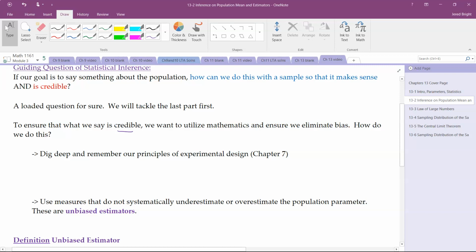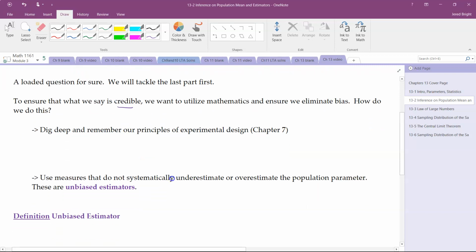When I use systematically, that means we might have to do a lot of analysis to make sure it doesn't go too far off from the population parameter. Then that measure is going to be an unbiased estimator.